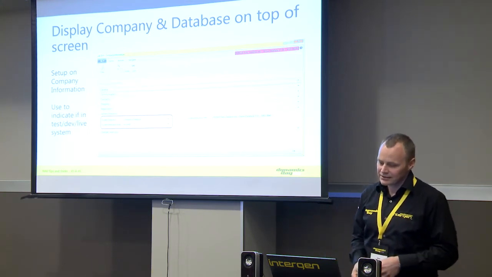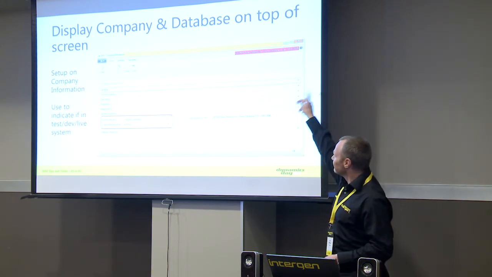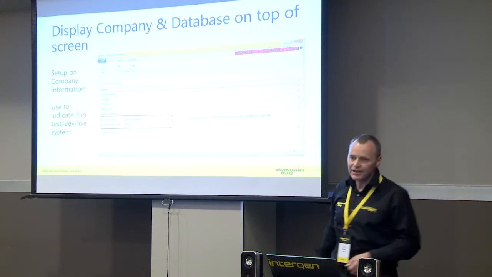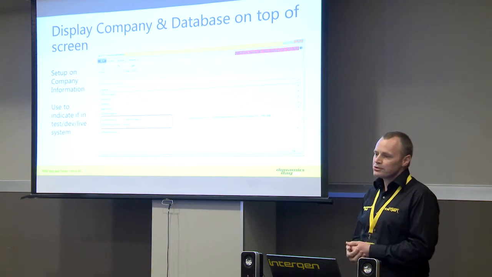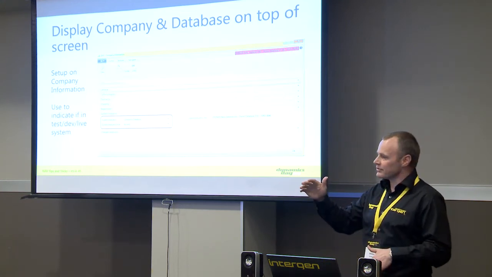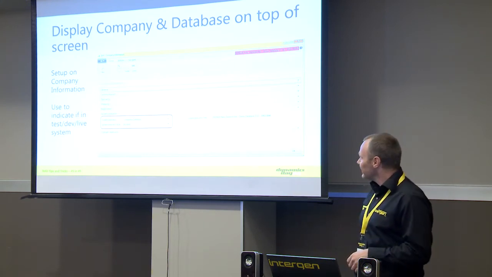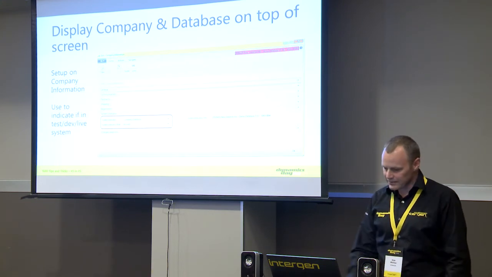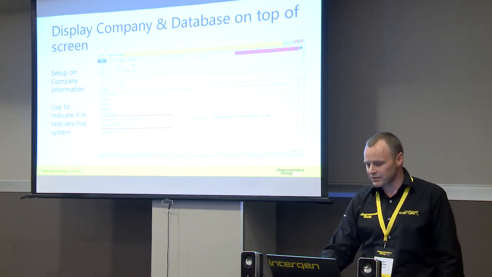Now we have the option of displaying the company, the database and the server up in the corner. And you can choose from a variety of different colours. So in the test system, you can make that blue, and in the live system, make it red or whatever. I think there's 10 different ways that can be formatted.